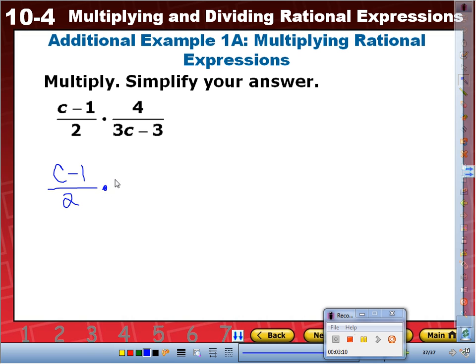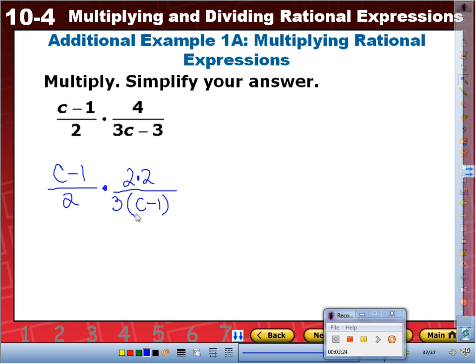Times. Can I factor the 4? Yes. This is 2 times 2. Can I factor the denominator? Yes. GCF is 3, times c minus 1. Are we there so far? Wasn't the GCF here 3? Yes, times c minus 1.